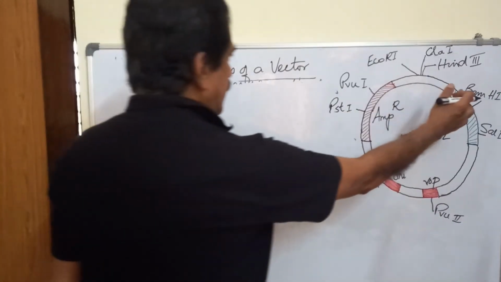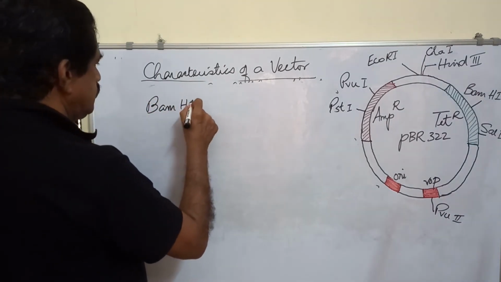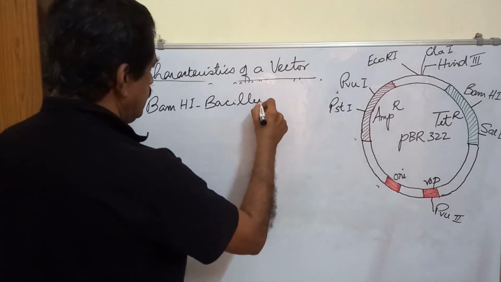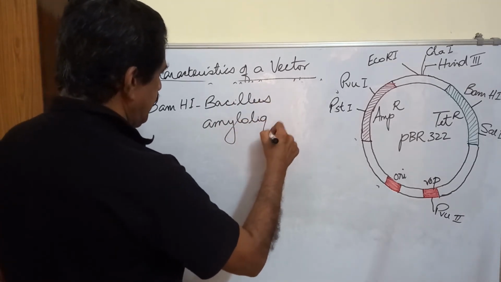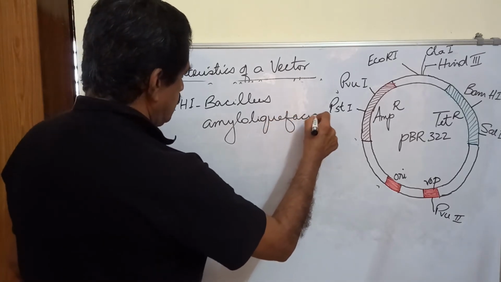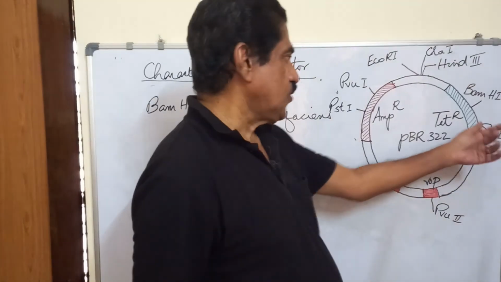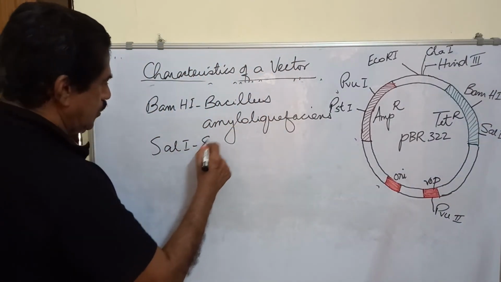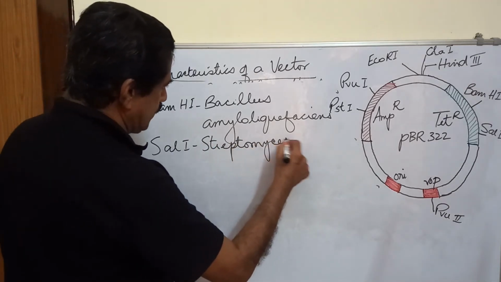BamHI is obtained from Bacillus amyloliquefaciens. SalI is obtained from Streptomyces albus.